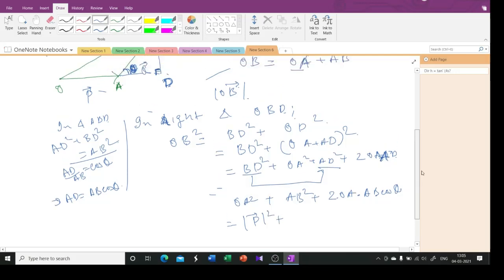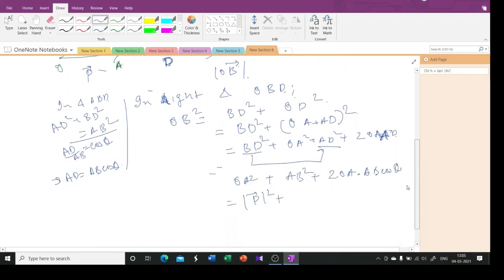And AB is Q, so this is mod of Q vector whole square, plus 2 of mod of P into mod of Q into cos of the angle between them, which is theta. And this is actually the resultant R square.